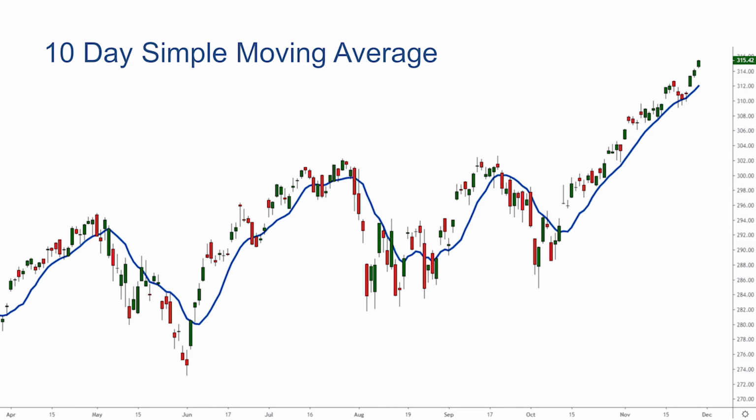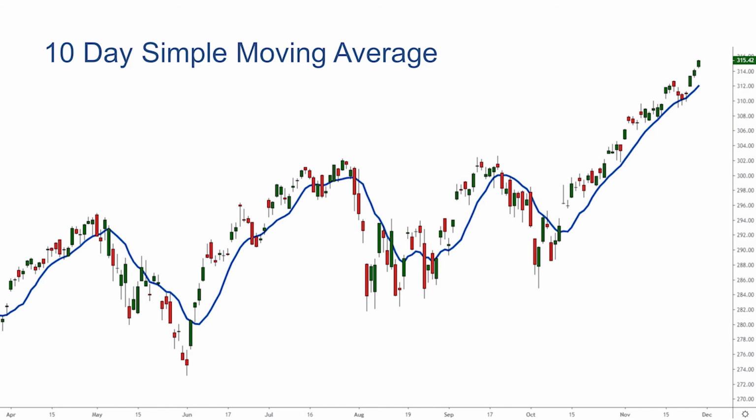And you can see here how the price has a very clean tendency to stay on a sustained basis above or below that moving average. The key thing to never lose sight of is that it's just basic math, and therefore the average price, or the moving average line, will always be lagging.